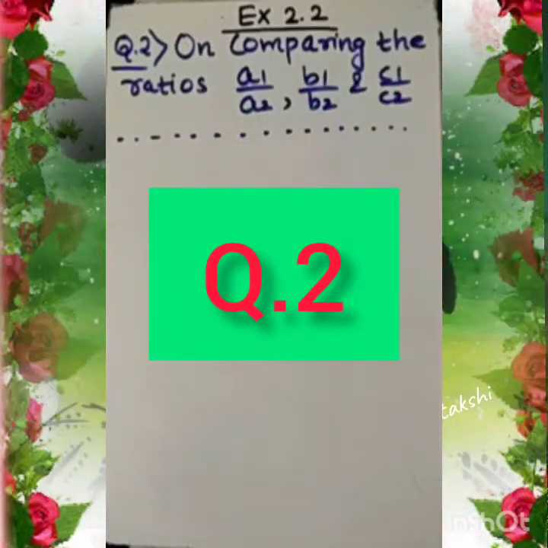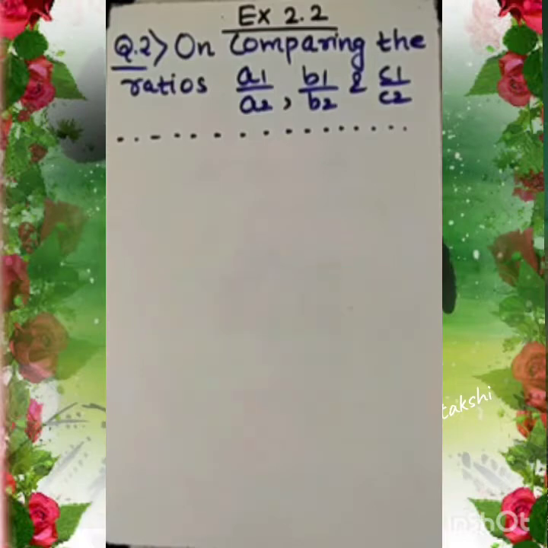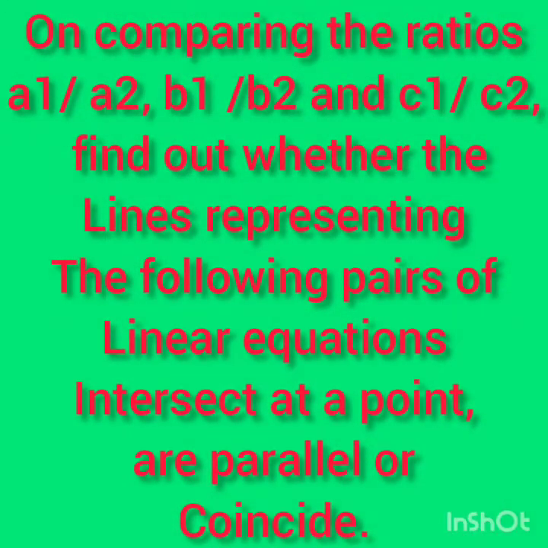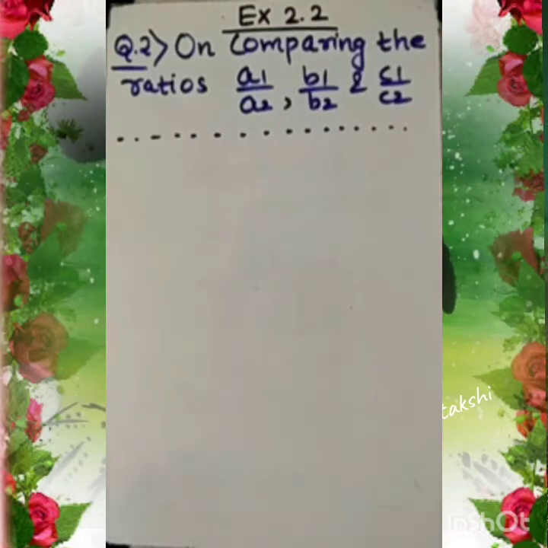Okay, the same chapter, the question I am reading. On comparing the ratios A1 by A2, B1 by B2 and C1 by C2, find out whether the lines representing the following pairs of linear equations intersect at a point, are parallel or coincident. We do not have to draw the graph here. Two equations are given.